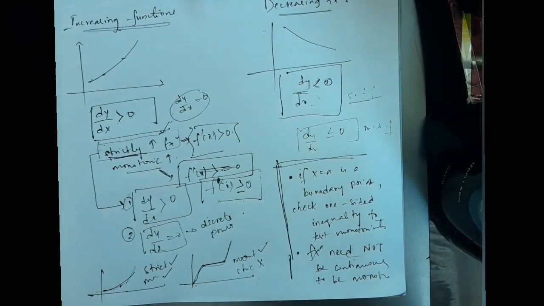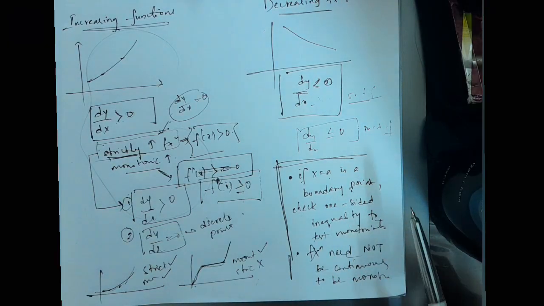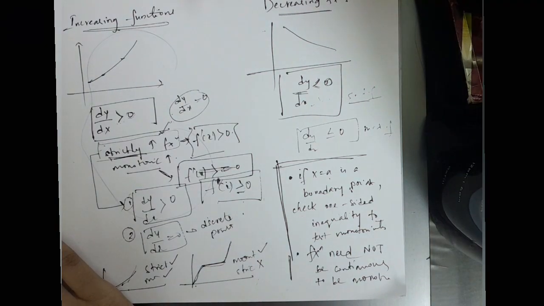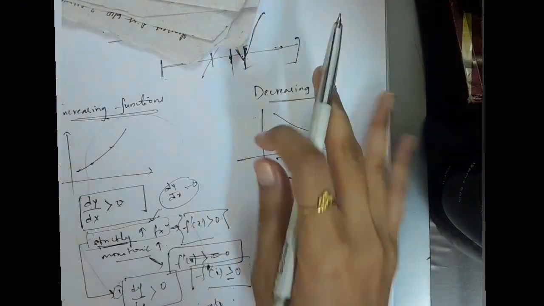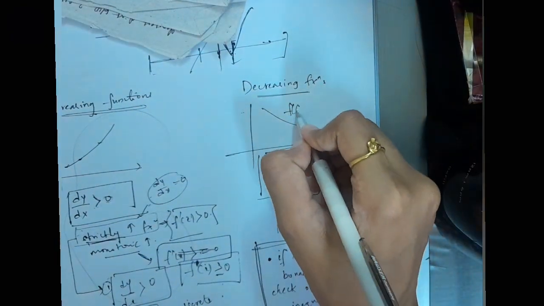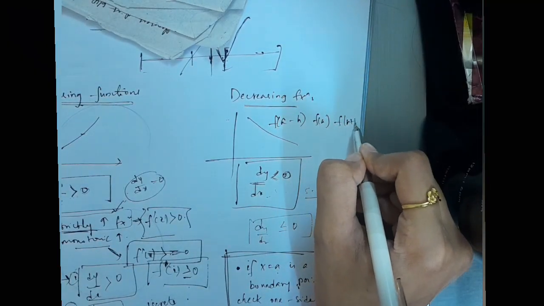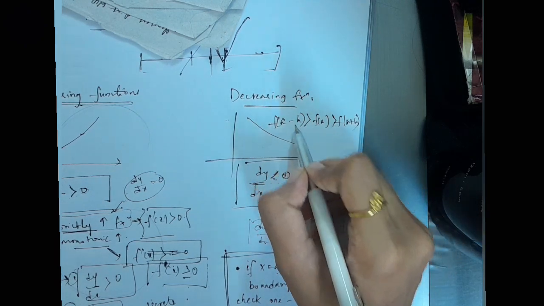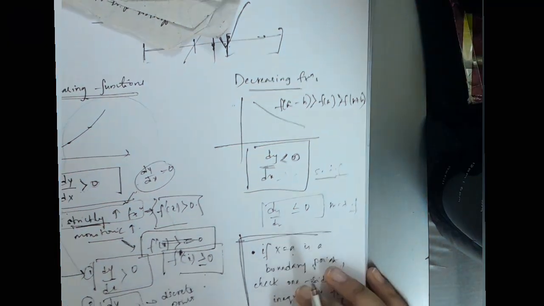Two more things to remember are that firstly, if x equals a is a boundary point, you need to check for the one-sided inequality. Let's say that you want to check whether a function is strictly decreasing. What you do is you find f of a minus h, f of a, and f of a plus h. And obviously f of a minus h needs to be greater than f of a, and f of a needs to be greater than f of a plus h.